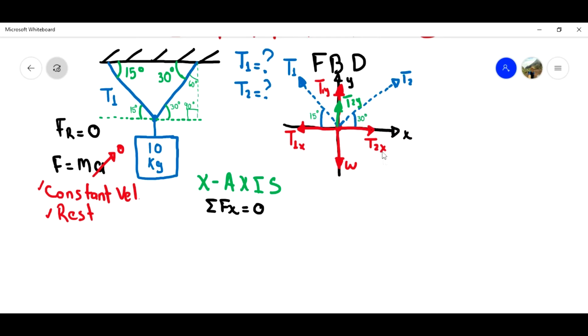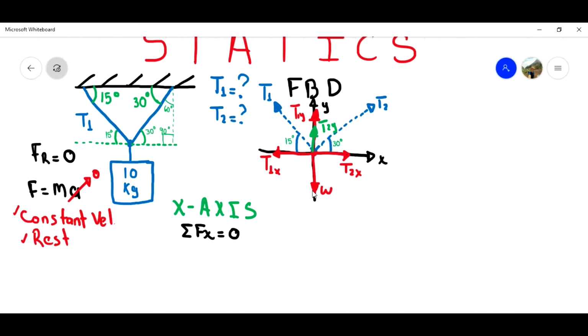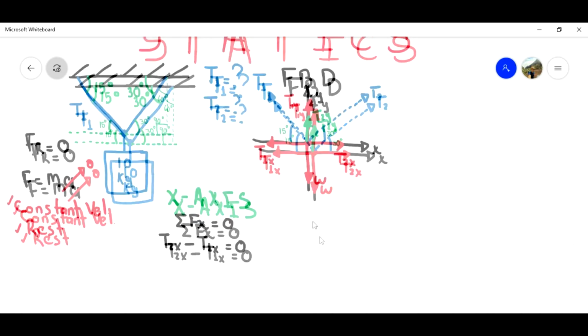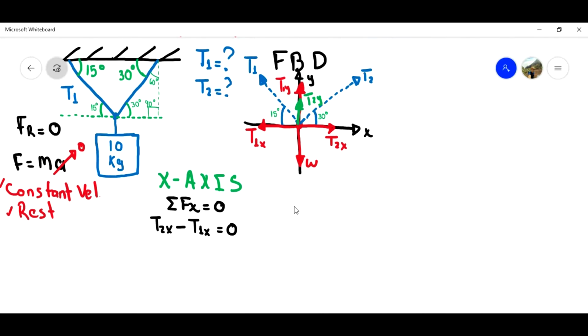In this case, tension 2x, and tension 1x goes to the left, so it's going to be negative. So I'm going to have tension 2x minus tension 1x equals 0. I'm going to isolate tension 2x, so tension 2x equals tension 1x.